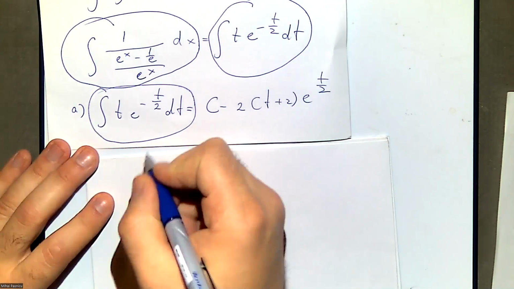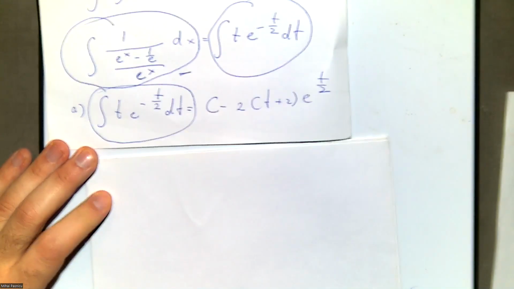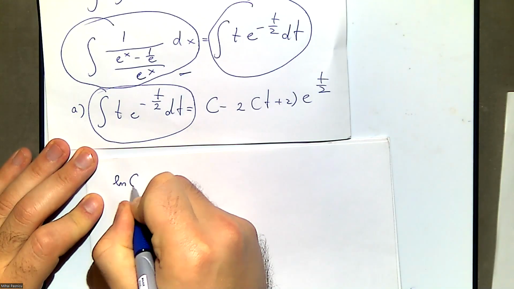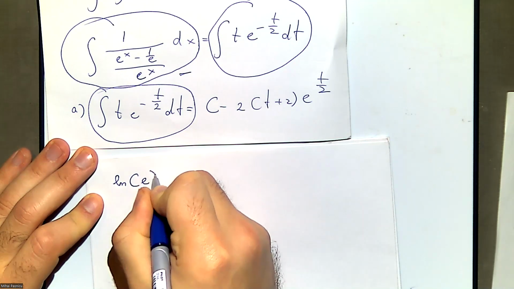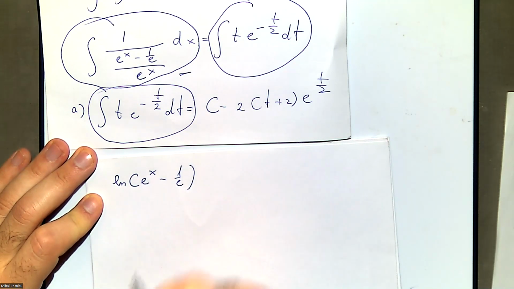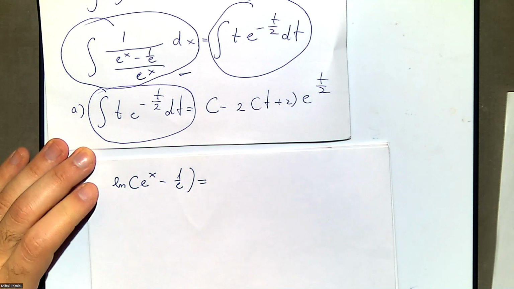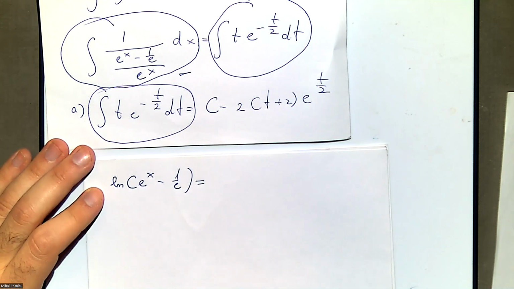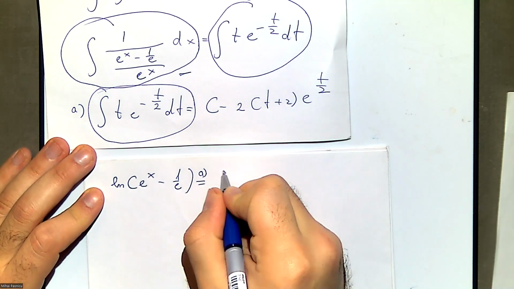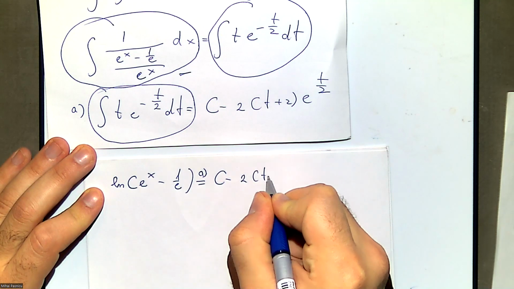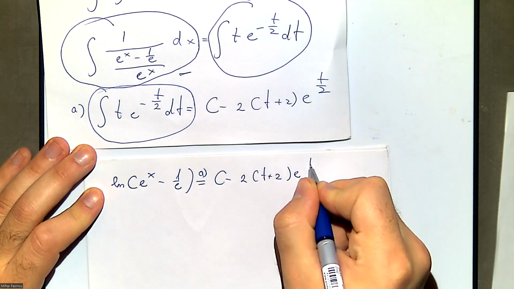So I know this term is ln of e^x minus 1/e. And I know the right-hand side is just this from point A: (c minus 2t plus 2et) over 2.